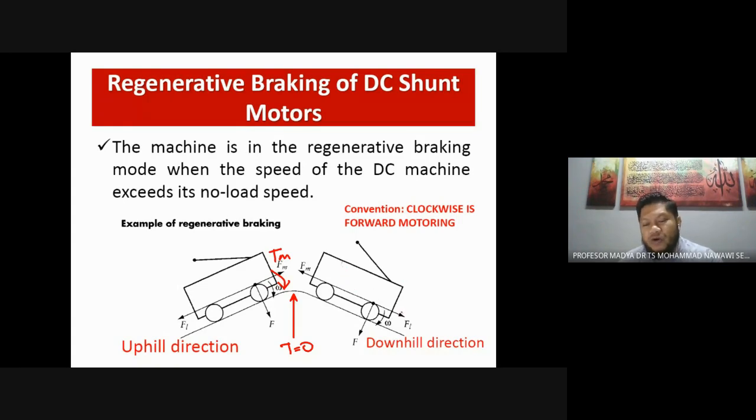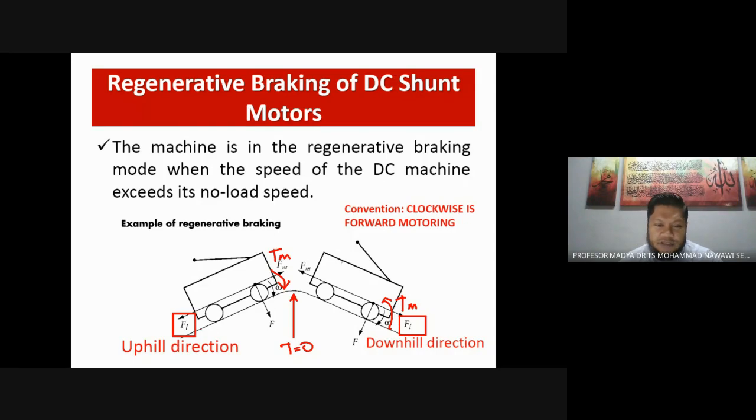However, when you go in the downhill direction, you need to have a torque which is opposite to your motor, so that you can slow down or you want to stop. This happens when your FL changes, isn't it?